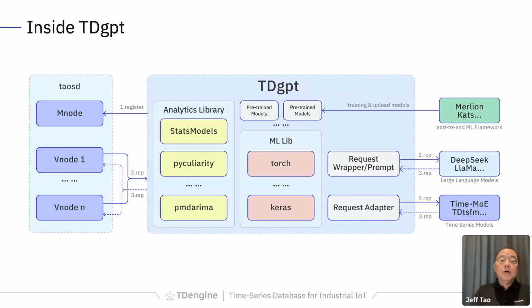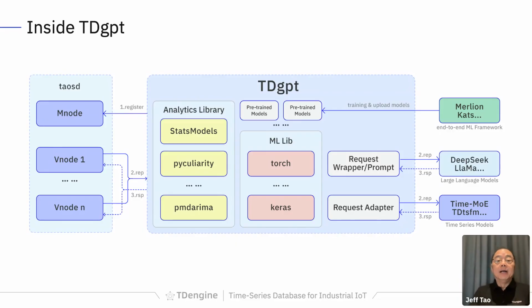For Torch or Keras, you need to use a model manager, like Merlion cards. You need to use those cards to train your data. After you train your data, you need to upload the pre-trained model to TDgpt.